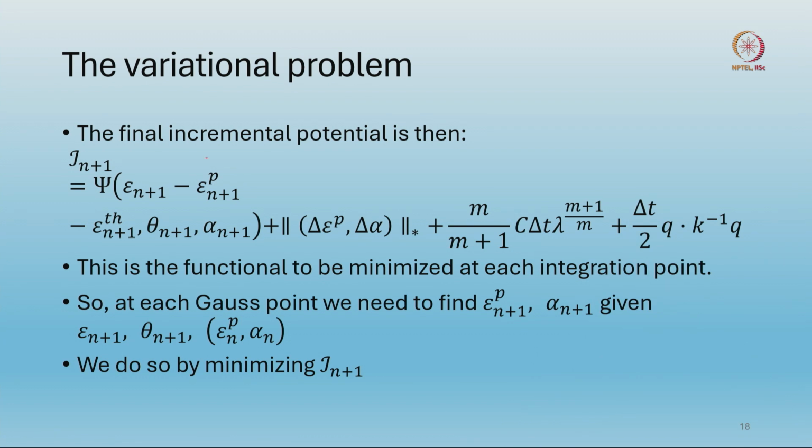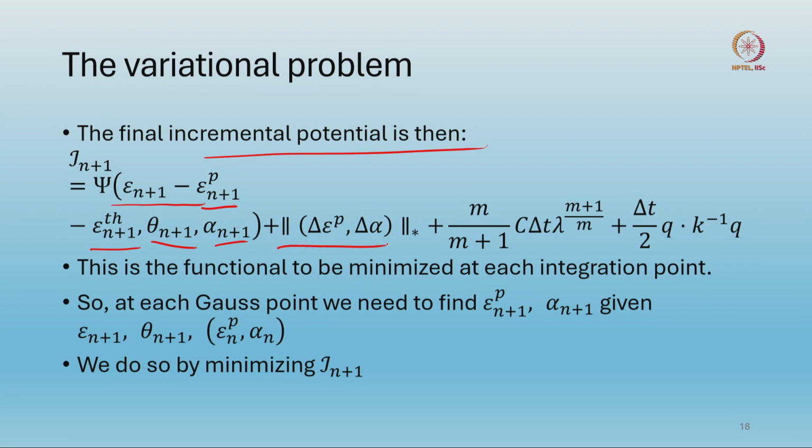Now, the final incremental potential with all this discussion can be written in this manner. Psi evaluated at n plus 1 is the first term, and psi is a function only of the elastic part. That is the total strain minus the plastic part minus the thermal part, all evaluated at time n plus 1, the temperature at n plus 1 and alpha, the internal variables other than epsilon p, at n plus 1.